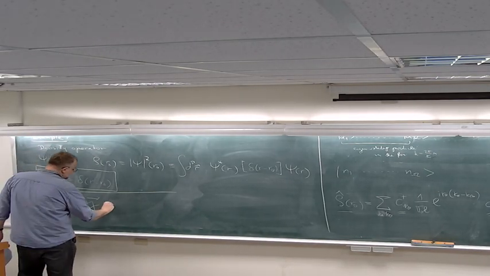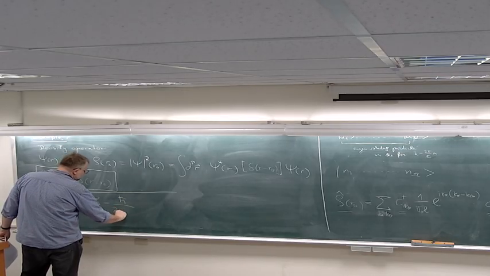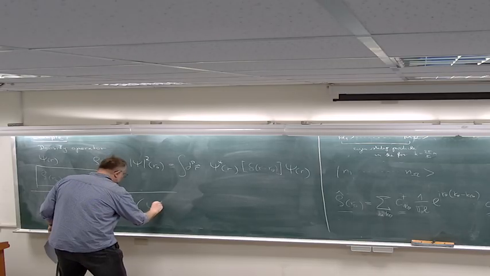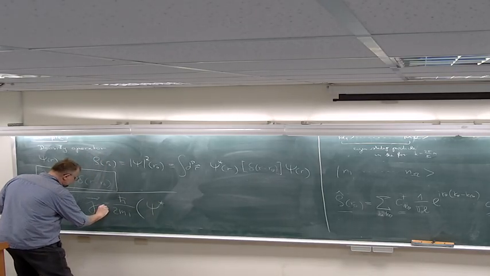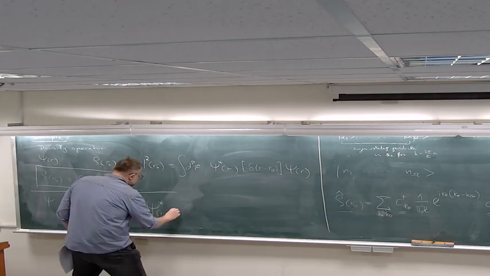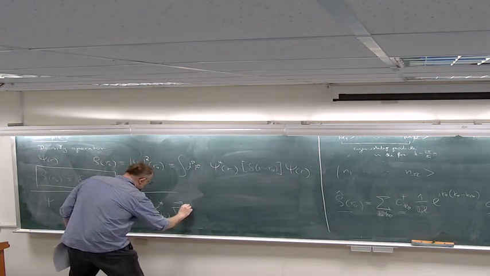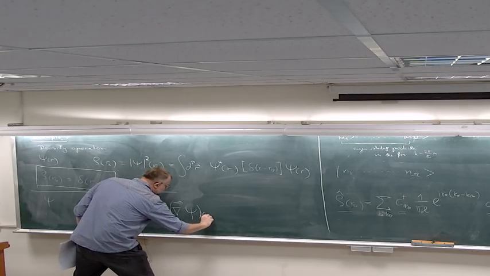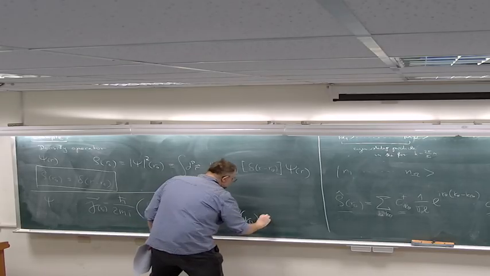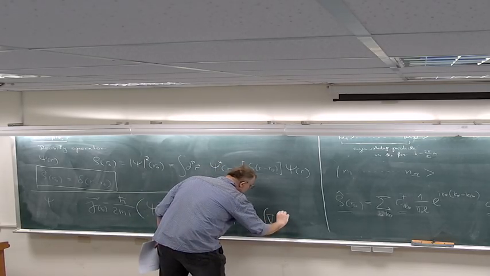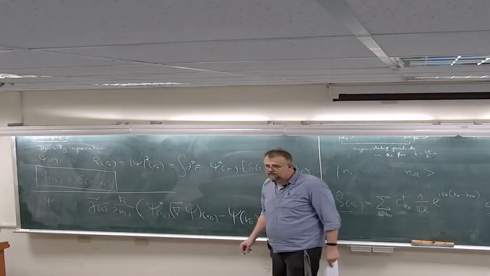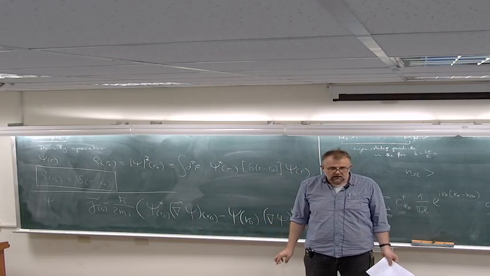The probability current is h bar divided by 2 m e, times psi star at point R0, times the gradient of the function psi evaluated at point R0, minus the function psi at point R0 times the gradient of the complex conjugated function psi star evaluated at point R0, right? So this is the probability current. It's in the Schrödinger representation.